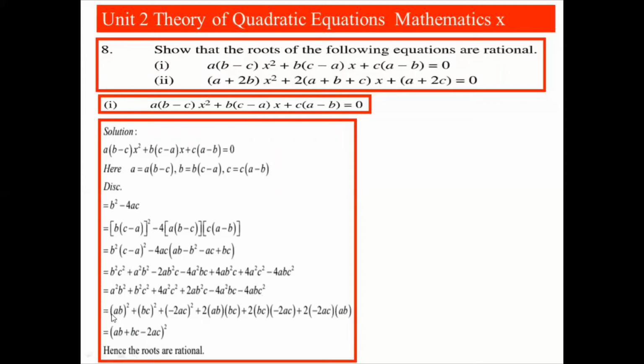So we write this in the form of the formula (a plus b plus c) whole square. Here a is equal to ab, b is equal to bc, and c is equal to minus 2ac. So we can write this in closed form as (ab plus bc minus 2ac) whole square. So this is the perfect square, and we can say that these roots are rational.